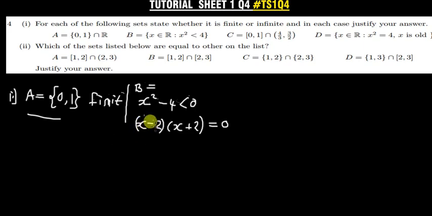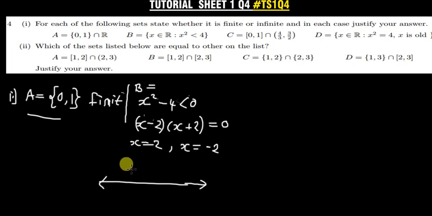So when you equate x minus 2 to 0, you are going to have x being equal to positive 2. And when you equate x plus 2 to 0, you are going to have your other x being equal to negative 2. So from here you test your critical points now. You check which one is agreeing to the condition that has been given.